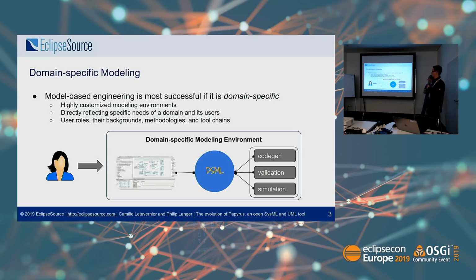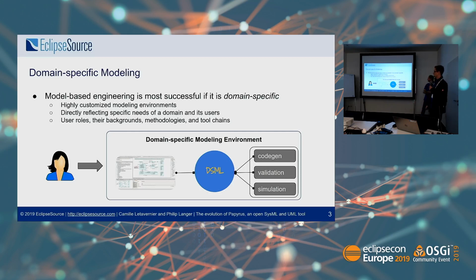Talking about domain-specific modeling environments, usually they consist of a couple of pieces. First of all, we have a domain expert who works with this domain-specific modeling environment. And of course, a domain-specific modeling environment is way more than just a diagram editor. It's just one thing that the domain expert uses to interact with the actual domain-specific modeling language behind it.